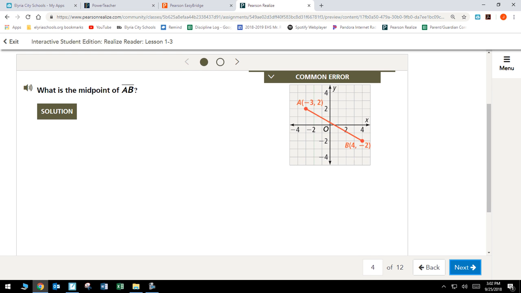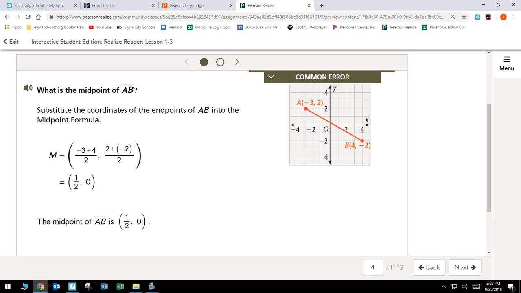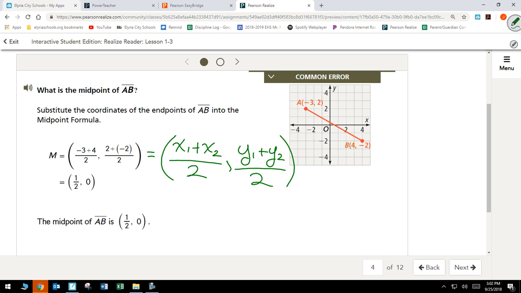So, if I'm looking at their example, trying to find the midpoint between A and B, we want to use the midpoint formula, which, if we remember, is the average of our x values, so their sum divided by 2, and the average of our y values, their sum divided by 2.